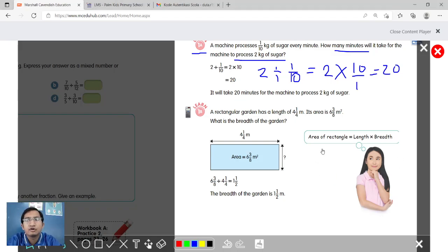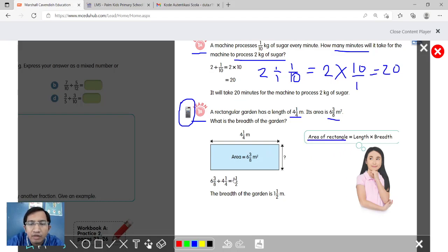Okay, now we're going to go to the second example, that is learn 1B. Now you see that there's a picture of a calculator. It means you may use your calculator. So a rectangular garden has a length of 1 per 4 meter. Its area is 6 3 per 8 meter square. What is the breadth of the rectangle?